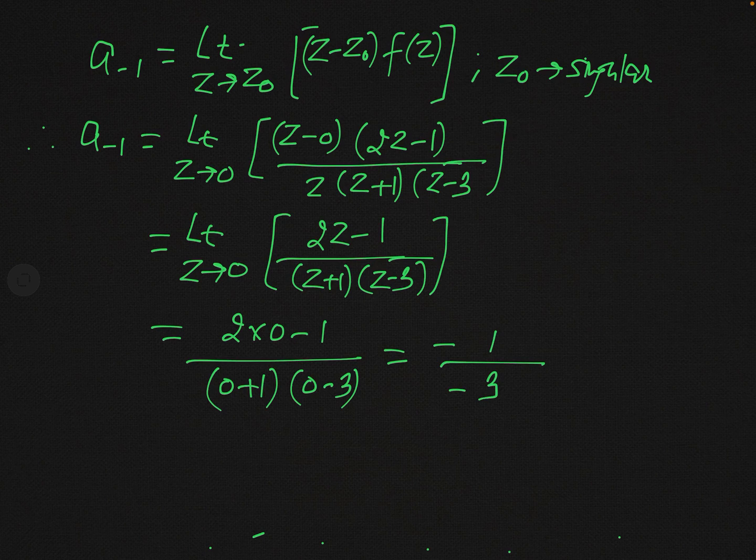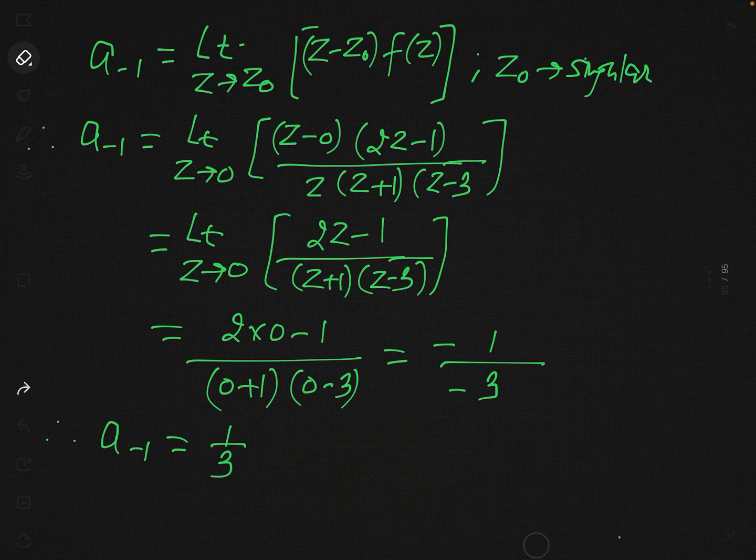And so you can say that the residue at the first simple pole z equal to 0 of this function is a minus 1 equal to 1 over 3. So this is the residue at the first simple pole z equal to 0.